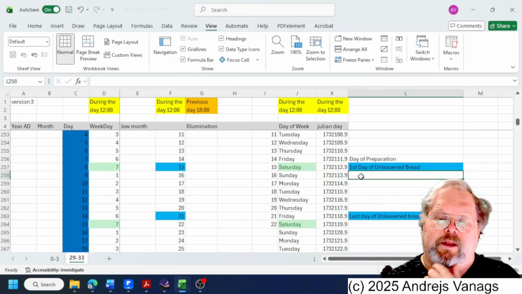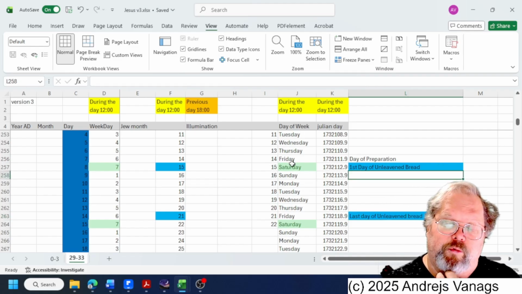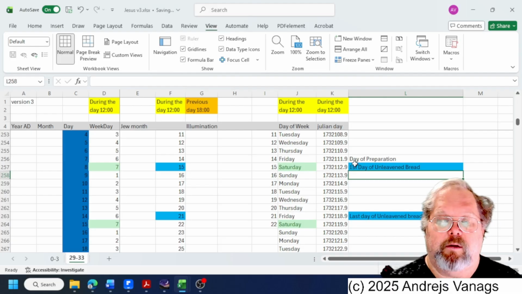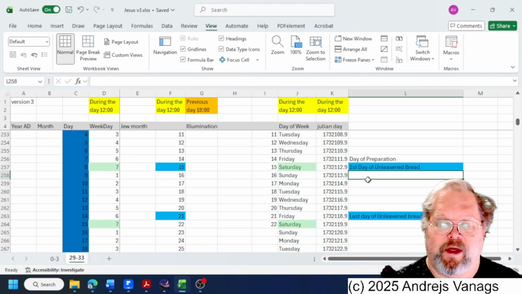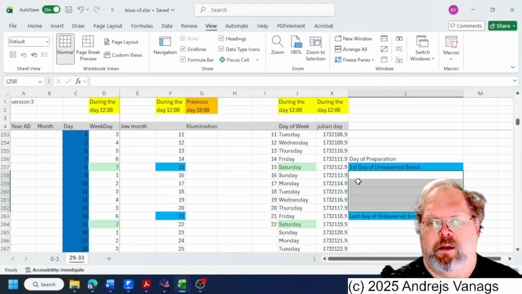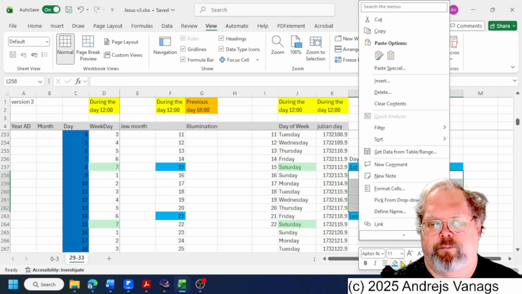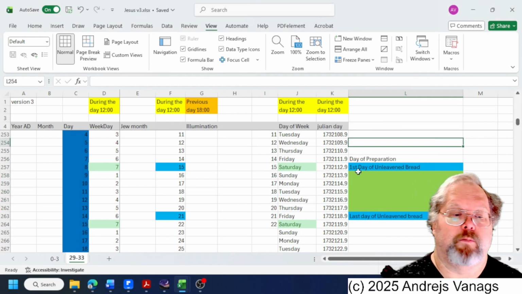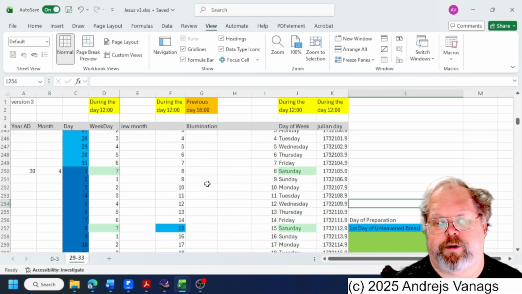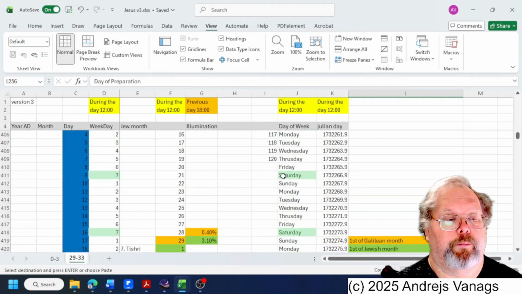But notice that this day was also Saturday. So you can't kill anybody on this day. Not because it was a holy convocation day, but because it was Saturday. And then let's make this some other color. Looks better. Okay, so that was on year 30, on year 31.